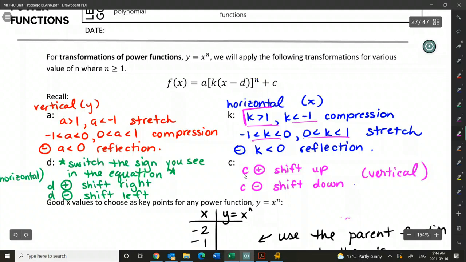Okay, so it's greater than 1, right? So it should be compression. I thought it was between 0 and 1 because it's 1/3. So we're looking at the actual value that we see in the equation for this, and then when we state the transformation, we'll use the reciprocal. Yeah, that one's a little bit confusing. But I like to just remember it's kind of opposite of what I would expect for A.